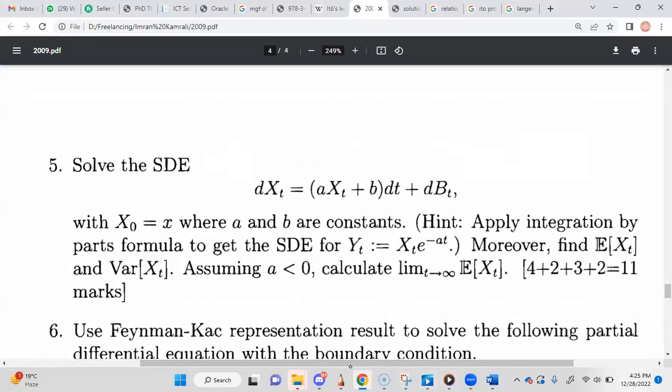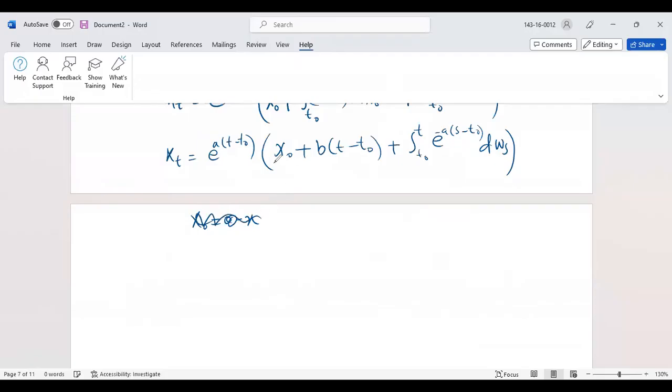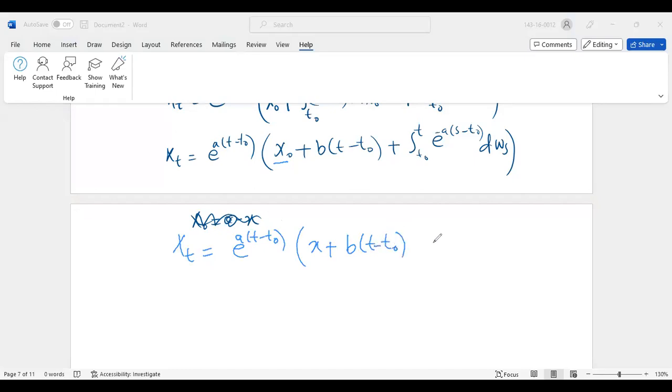So this was question 5 and our x naught was equal to this x. We will use this x naught as x, so you can write x in place of it. So X of t is equal to e to the a (t minus t naught) times x plus b times (t minus t naught) plus the integral from t naught to t of e to the minus a (s minus t naught) dWs.